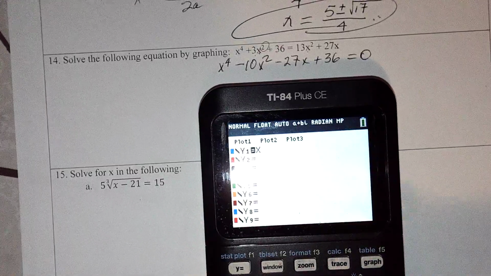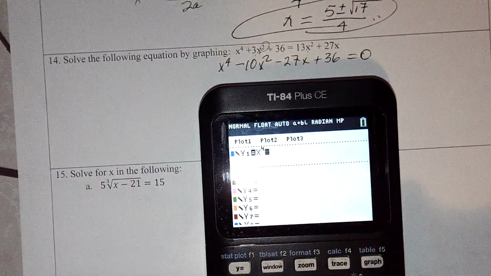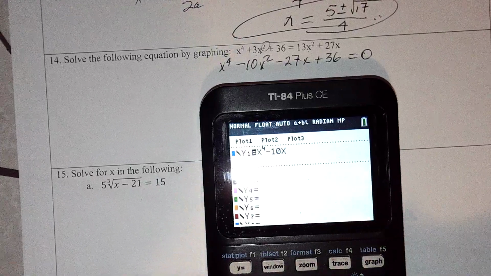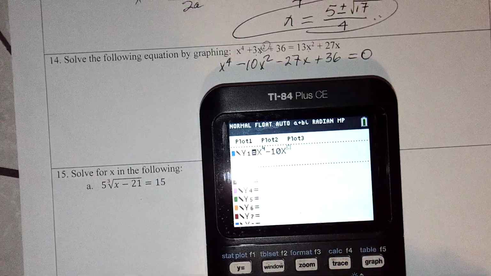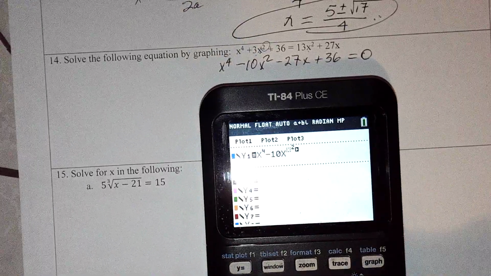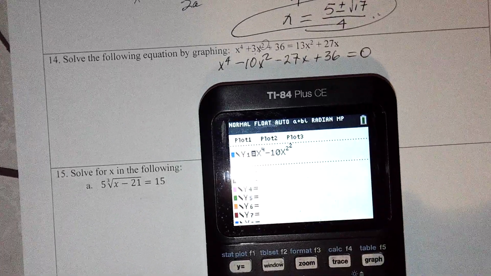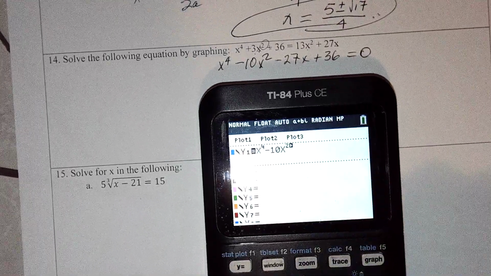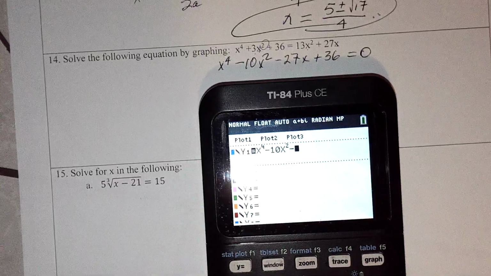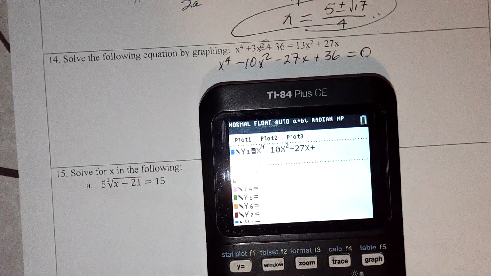So we got x to the 4th, and you can graph this also on Desmos, minus 10x to the 2nd, minus 27x plus 36.